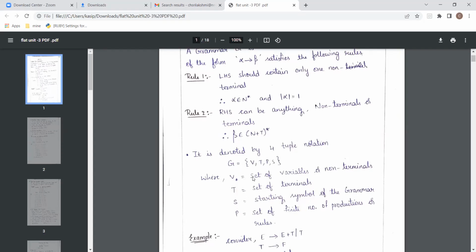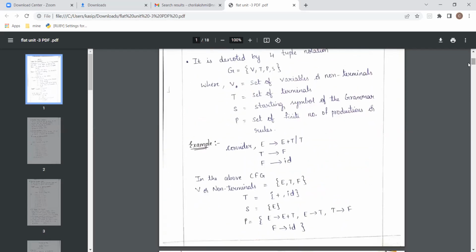Alpha is the set of non-terminals and beta is anything that may be the non-terminals and terminals. So V is a set of variables or the non-terminals, T is a set of terminals, S is the starting symbol of the grammar, and P is a set of finite number of productions. The set of finite number of productions are the rules, we can say.